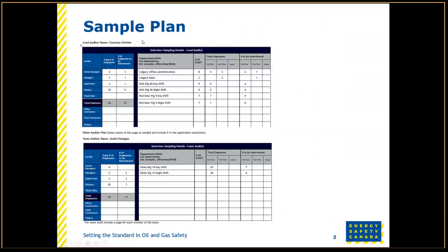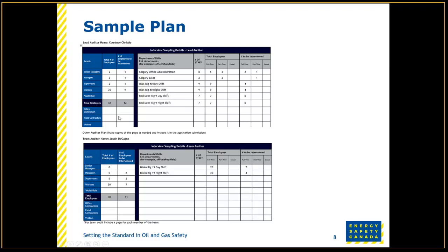So for team audits, this is an example of a sample plan that I did up. The lead auditor who will be writing the report will register the audit. Here will be the total number of employees in the entire company and how many interviews they plan on doing. This will break it down by the types of work sites and shifts or departments that this specific person will be doing.